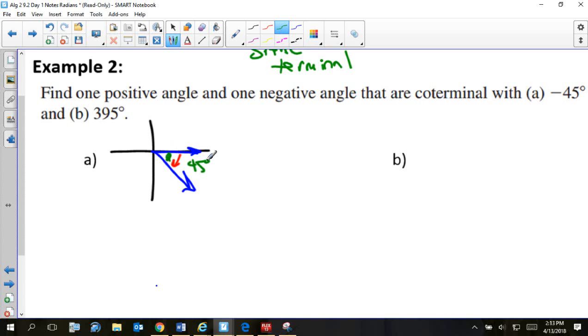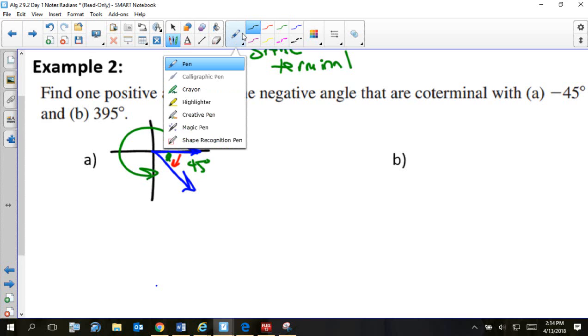But if you didn't see me draw that red arc, you didn't see negative 45, there could be infinitely many answers that actually end here. Can you give me a positive answer that ends at the same place that negative 45 ends? If I went clockwise, if I went around this side.